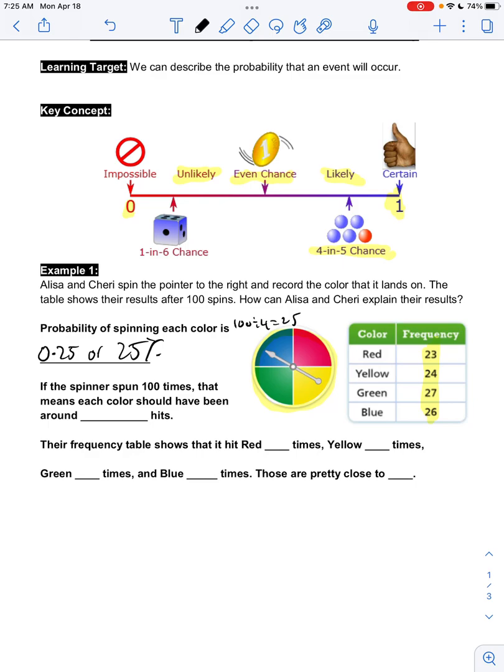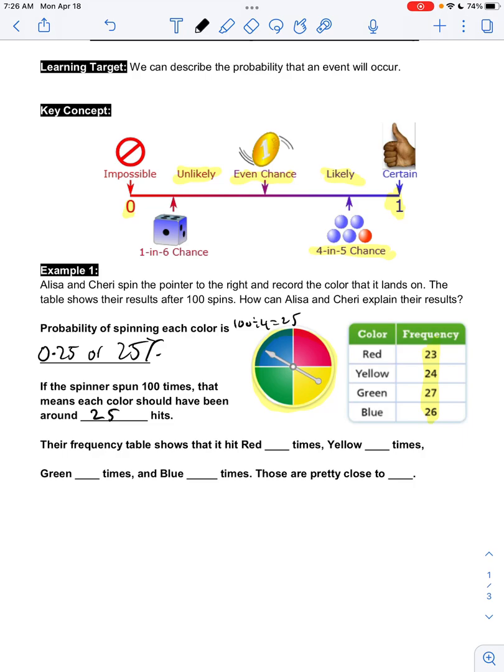If the spinner spun 100 times, that means each color should have been around 25 hits. And if we look at the frequency table, it does seem that the numbers are around 25. There's actually not one single one that is a 25, but they're all around it.